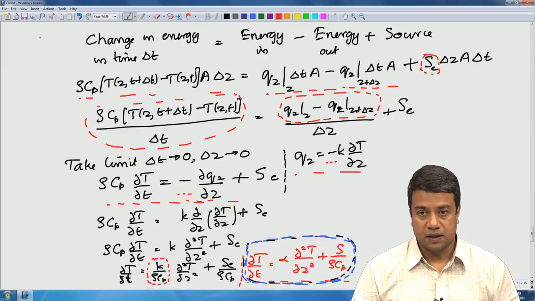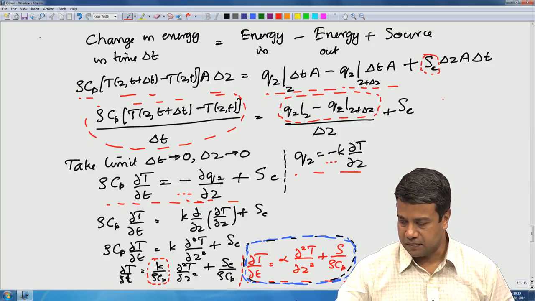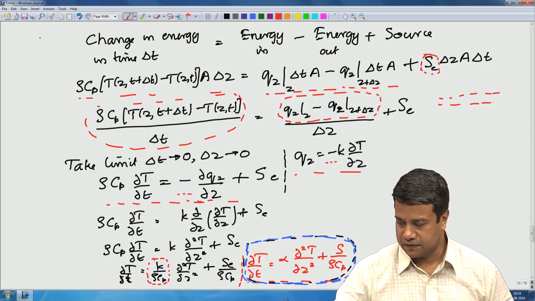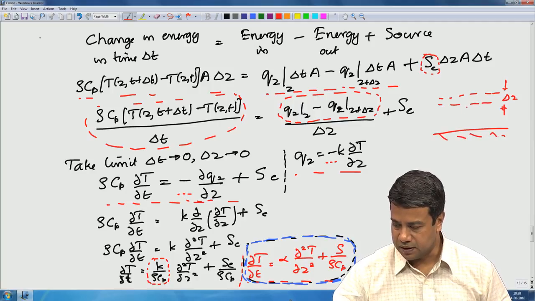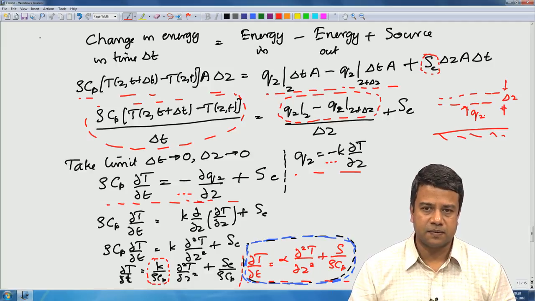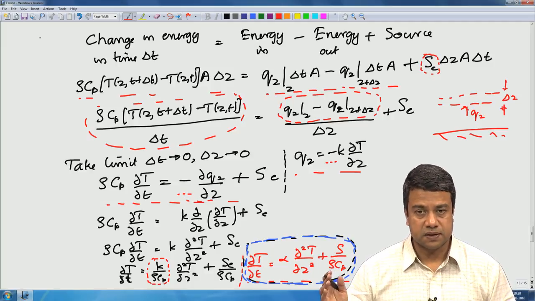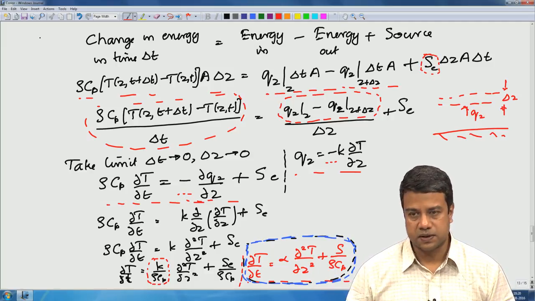Energy in at the surface z, okay. If you recall, we had a differential volume of thickness delta z within the fluid. The energy in at the surface z is qz, that is increasing the thermal energy if qz is positive, if the flux is upwards.